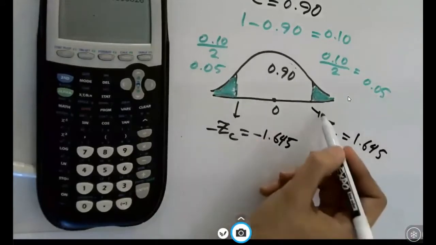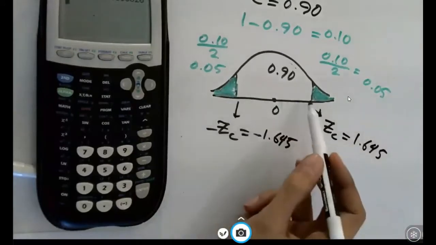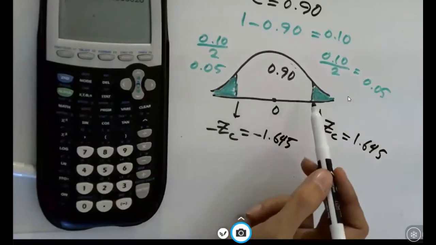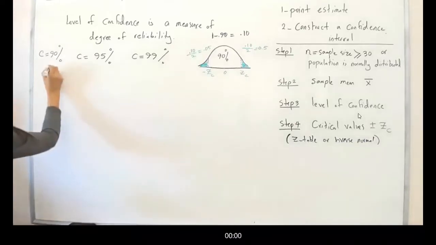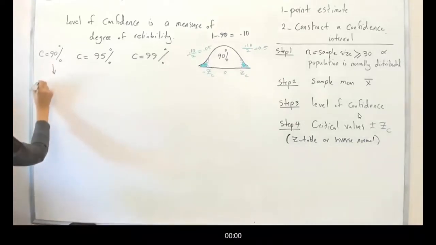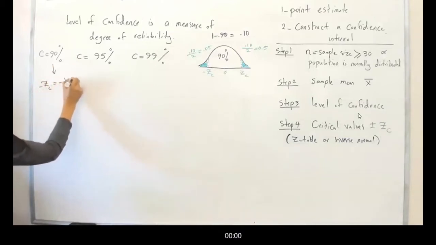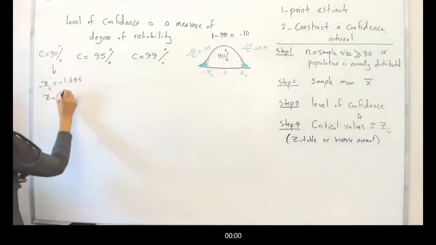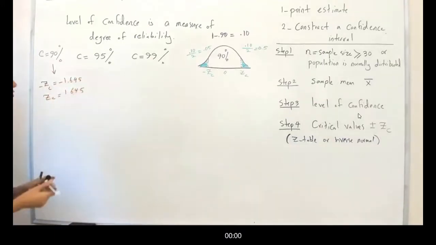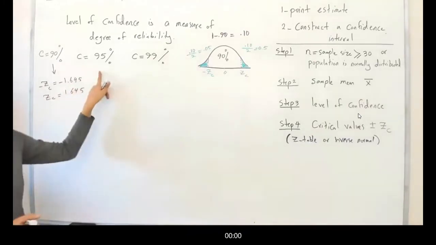So these z values or critical values are actually separating the rejection region and non-rejection region. So when C is equal to 90%, negative z sub c is equal to negative 1.645, and positive z sub c, or critical value, is 1.645.